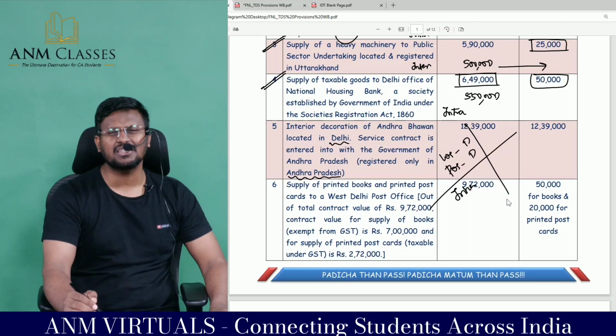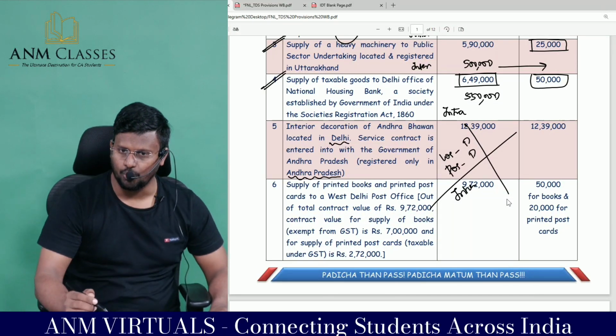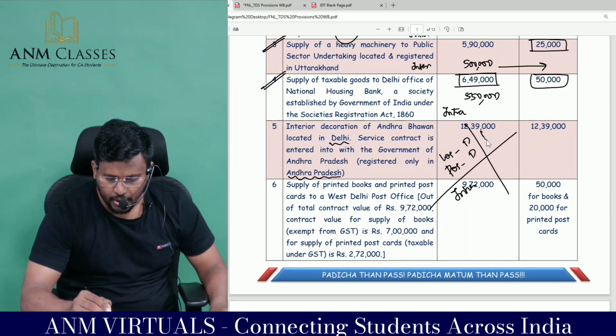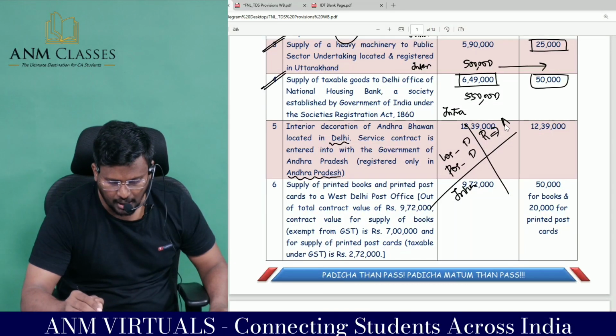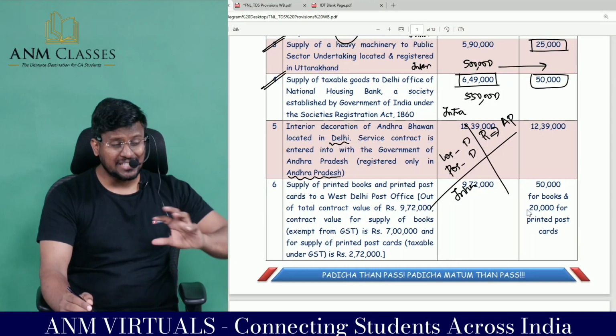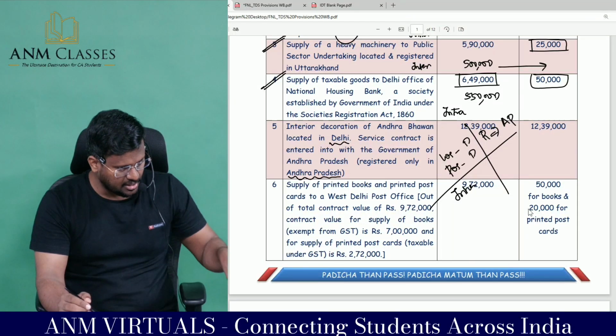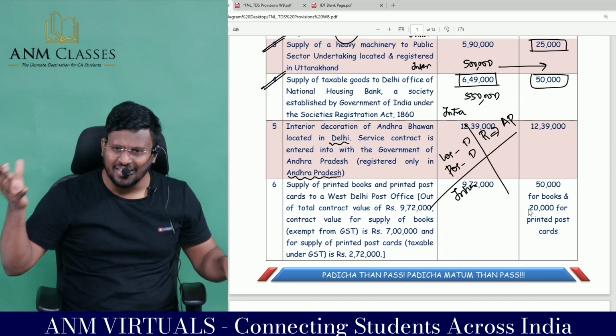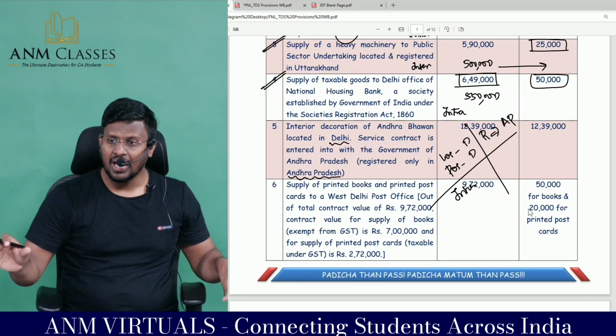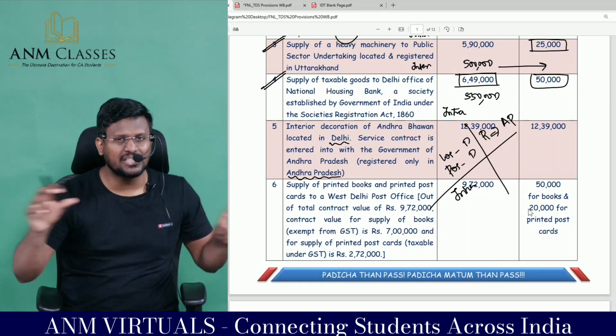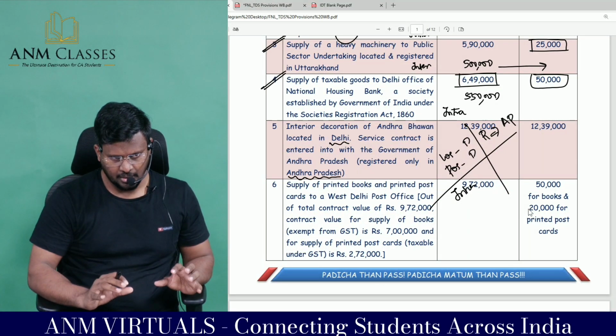If it's intra-state supply, you should be very careful. Right, sir? Location of the recipient is in what? Andhra Pradesh. So the supplier will levy Delhi SGST, whereas the recipient can deduct only Andhra SGST. So this credit cannot be passed on.